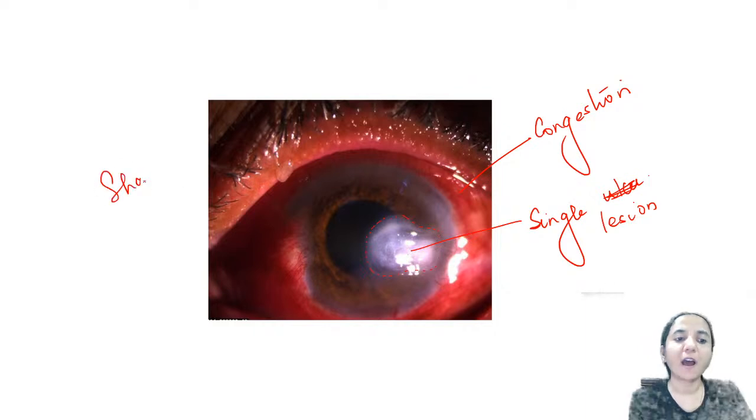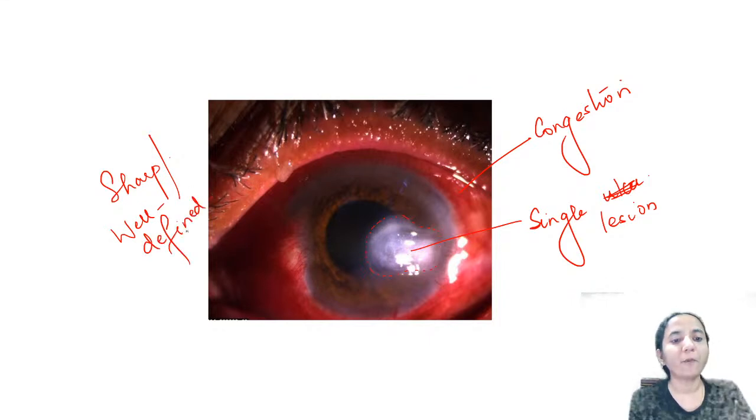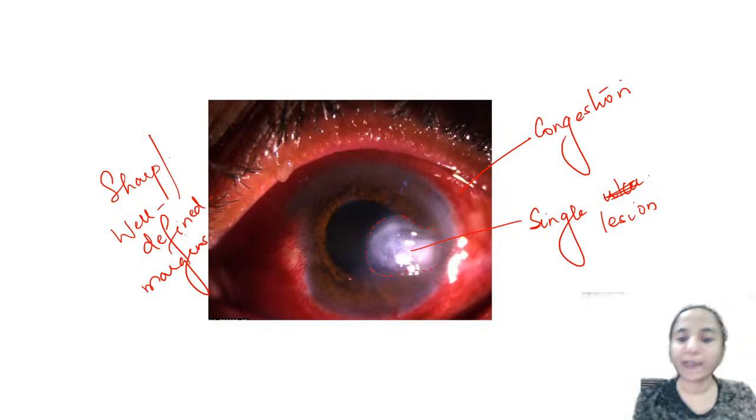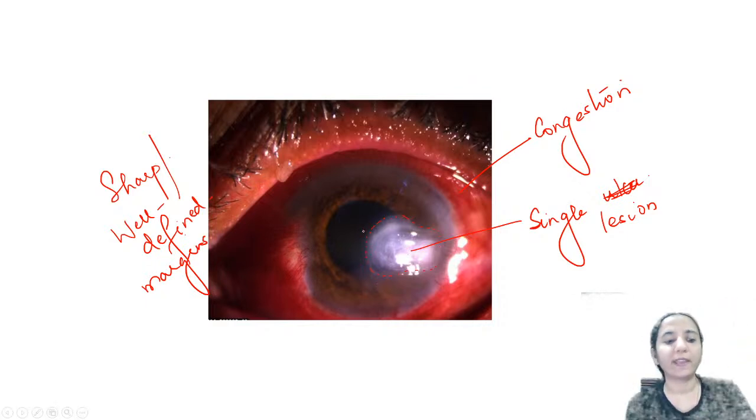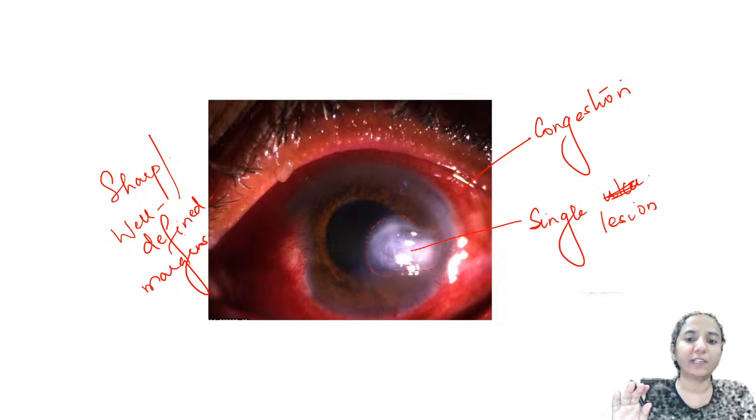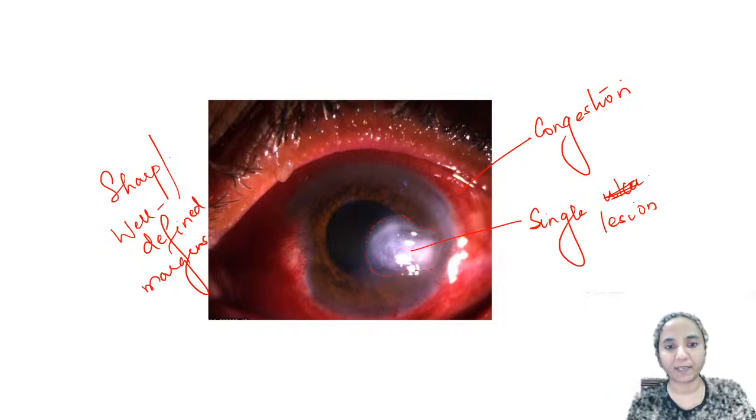So we have sharp margins, or we can say that the margins are well defined. So sharp or well defined margins, that is, you are easily able to understand where the normal cornea ends and where this infiltrate begins. So the eye is congested, the symptoms are more pronounced. You have a single lesion, and the margins of that lesion are very sharp or well defined.